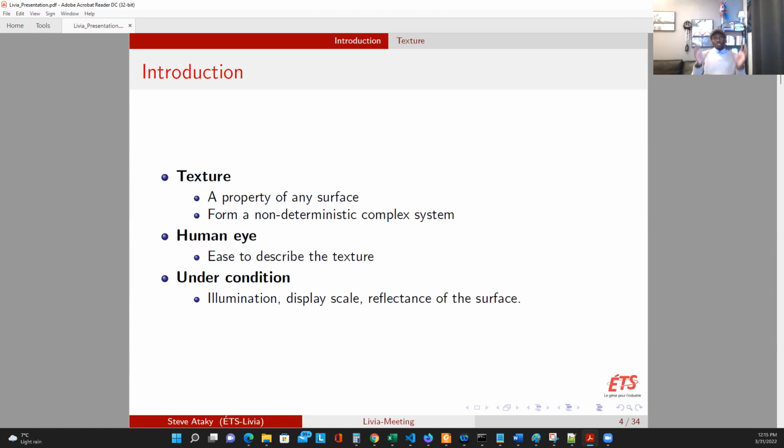So texture is a way to interpret visual information using a natural characteristic of human eyes. The human eye has a facility to describe texture, of course, under certain conditions such as illumination, display scale, and reflectance of the surface.